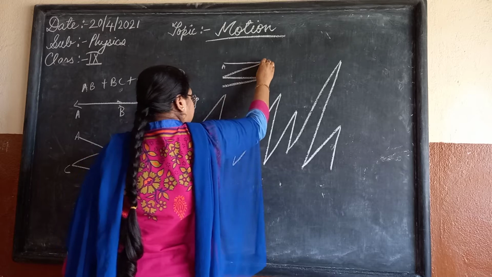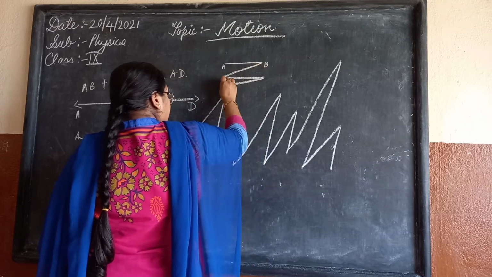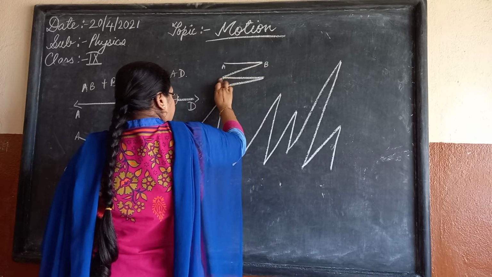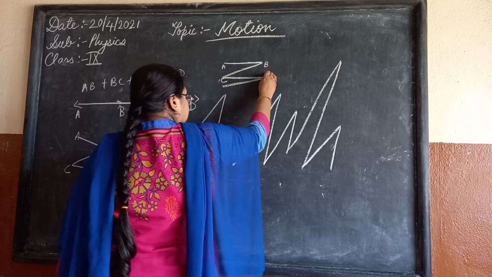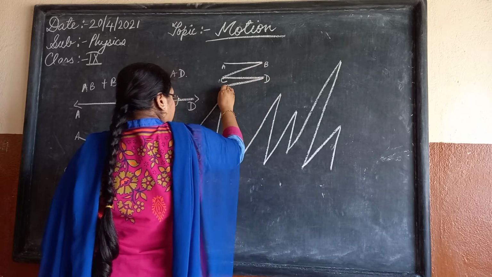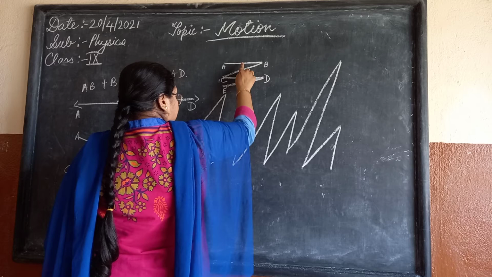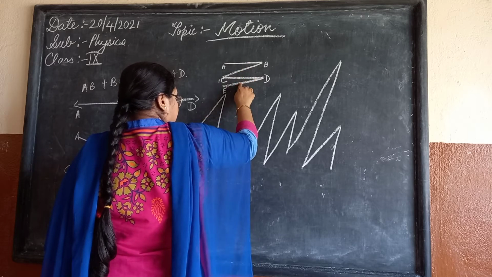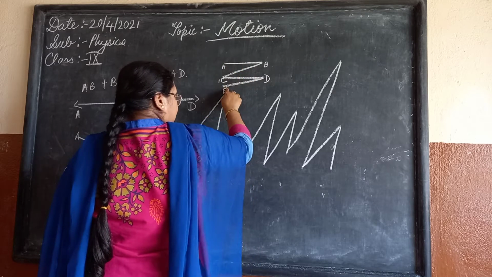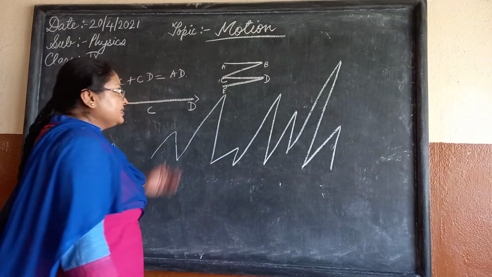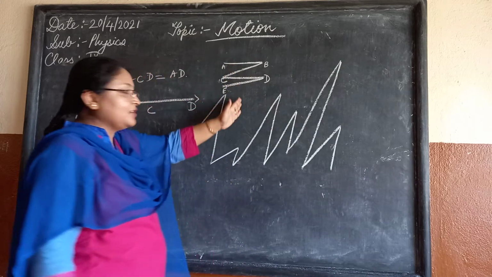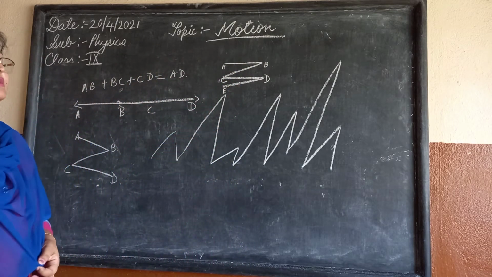A to B will have some distance, then B to A will have some distance, B to C will have some distance, then C to D will have some distance, and D to E will have some distance. So we will take all the values and subtract them. What will the value be? Displacement.